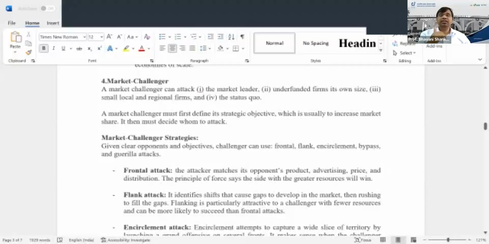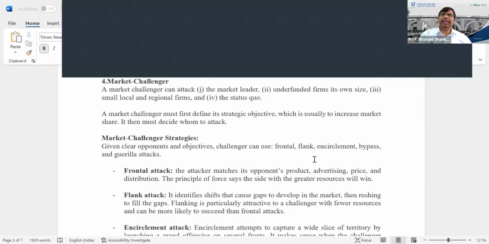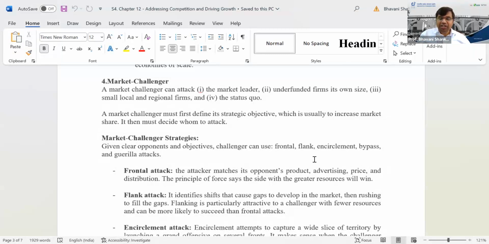The market challenger is somebody who is interested in acting like a David in front of a Goliath. This fellow is a challenger. A market challenger can attack the market leader, or underfunded firms of its own size, or small local and regional firms, gobble them up so that he can become bigger, or maintain status quo.